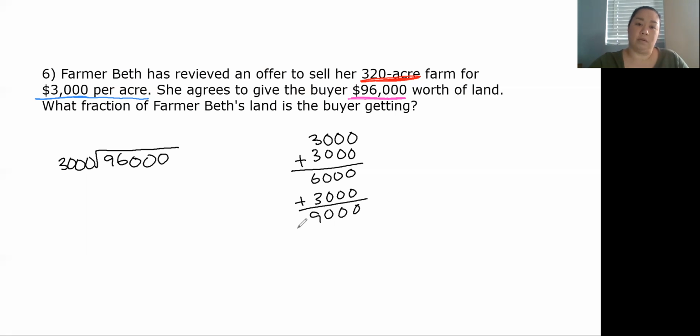9,000, right? So how many? There's 1, 2, and then there's 3,000 right here. So 3,000 goes into 9,000 of 96,000 3 times.